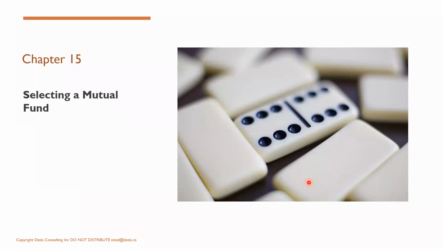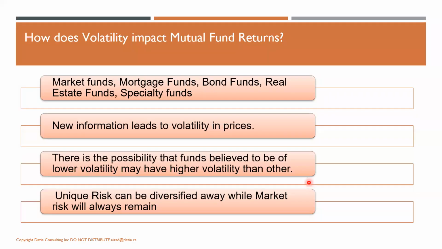Okay, so now let's go on to chapter 15. As you see, these are easy to understand, and we talked about this already when we looked at the fund facts. How does volatility impact mutual fund returns? We have mortgage funds, bond funds, real estate funds, specialty funds, and new information. If you get new information about a company invested in mortgages, suppose people stop paying their mortgages, that has an effect on the price, right?